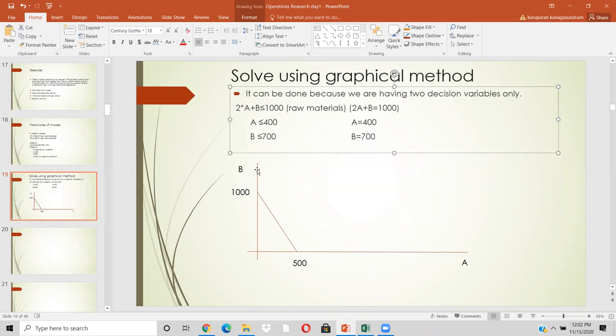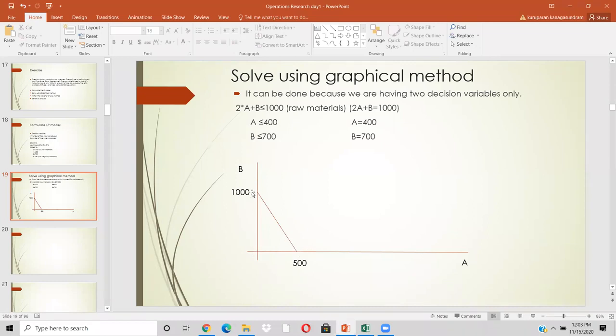This is the axis of b. Here, this will be 0, meaning the value here is 0 for a and 0 for b. In this line, what will be the value for a? A will be 0 and b will be changing. Similarly, in this line, a will be changing, but the value for b will be 0.